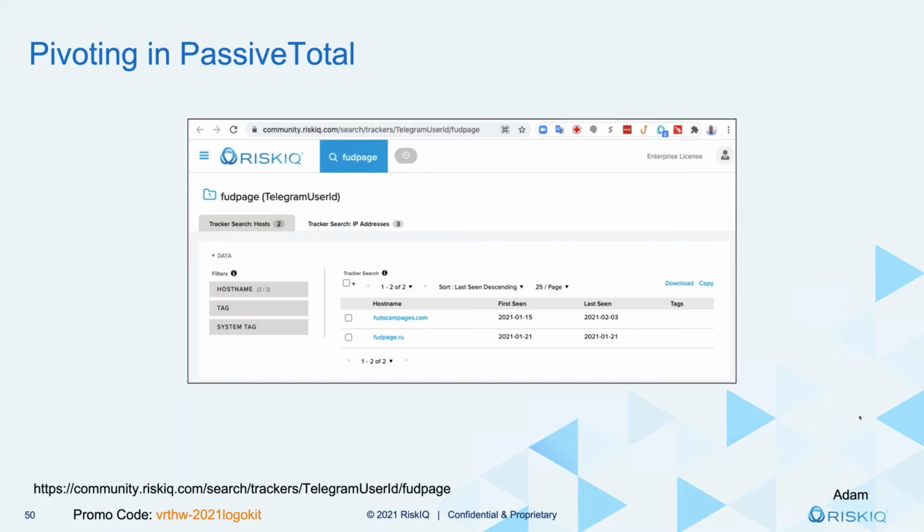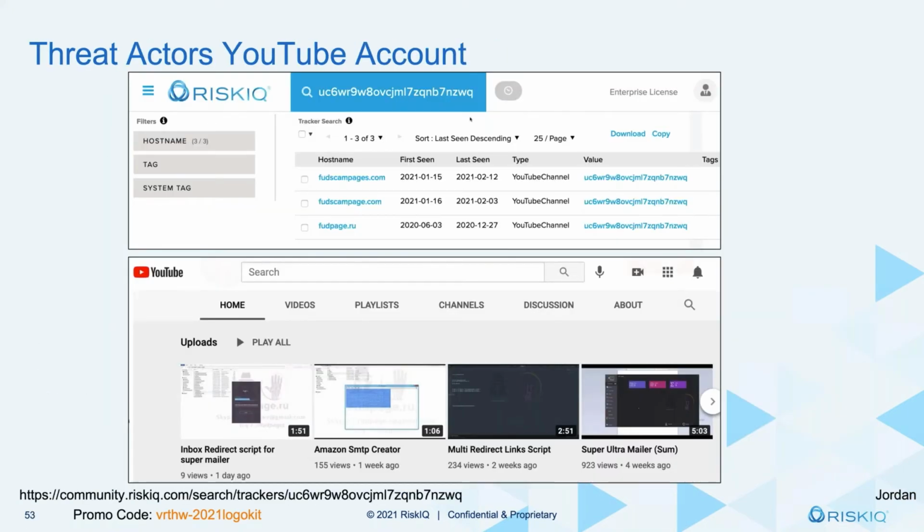So we found these web pages by plugging the user ID into PassiveTotal, and then you click on those web pages and it shows you more of those trackers. Like if I click on foodscanpages.com, it'll say this YouTube account is on that website. So I click the YouTube account, I can see where else it is. And so we got another page out of that.